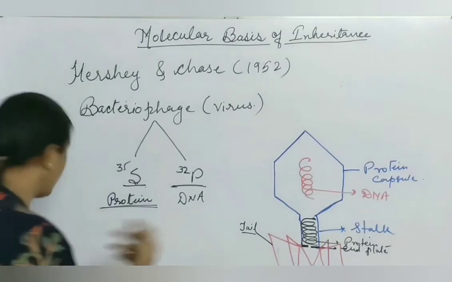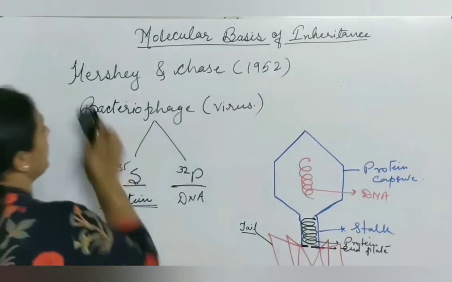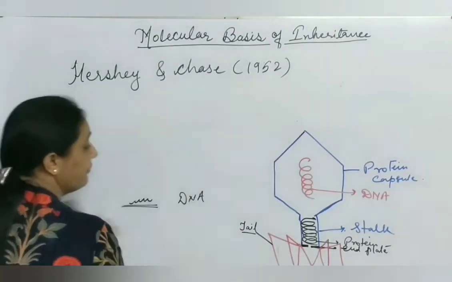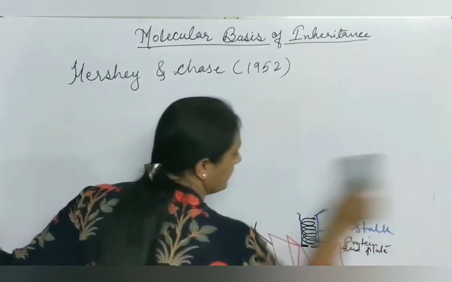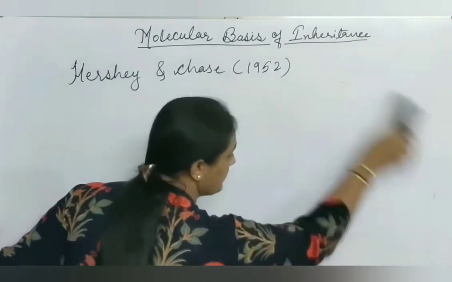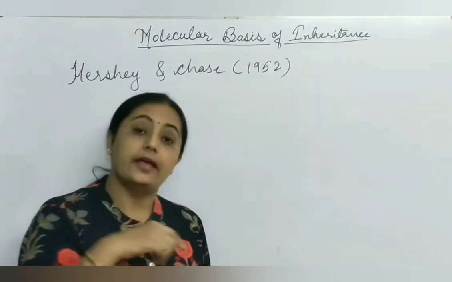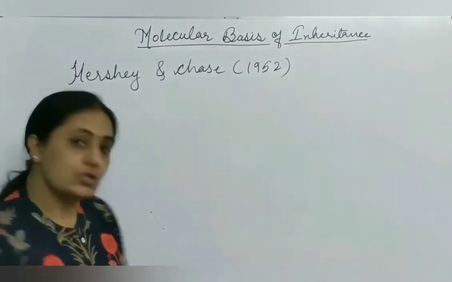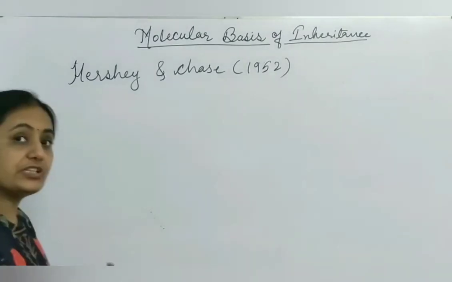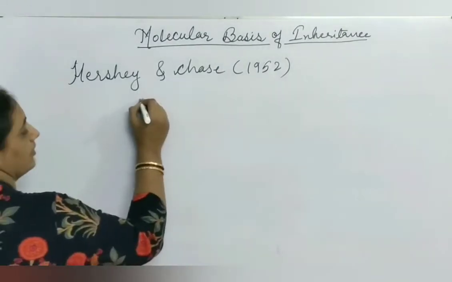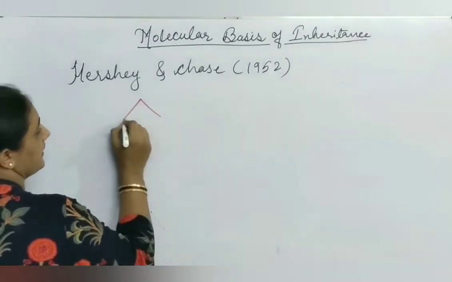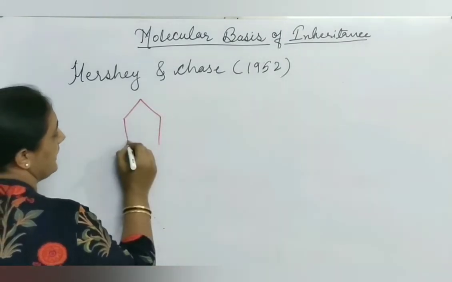Now, the experiment was performed like this. Once these viruses or bacteriophages have been cultured in different isotopes, now these viruses infect bacterium. So we will take a virus which is cultured in sulfur medium.